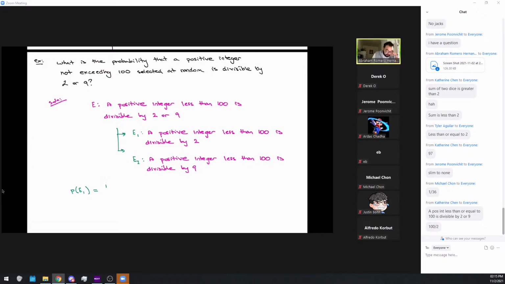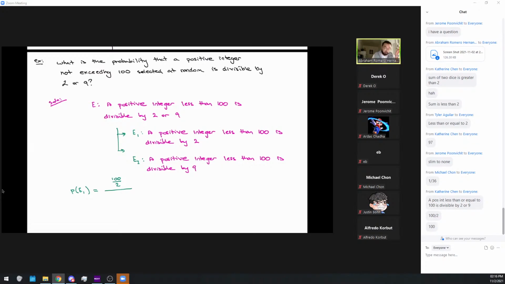We have 100 numbers. We can divide that by 2 to figure out how many of those are divisible by 2. And then what are we going to divide it by? Whatever answer we get, what are our total possible outcomes? 100, exactly.